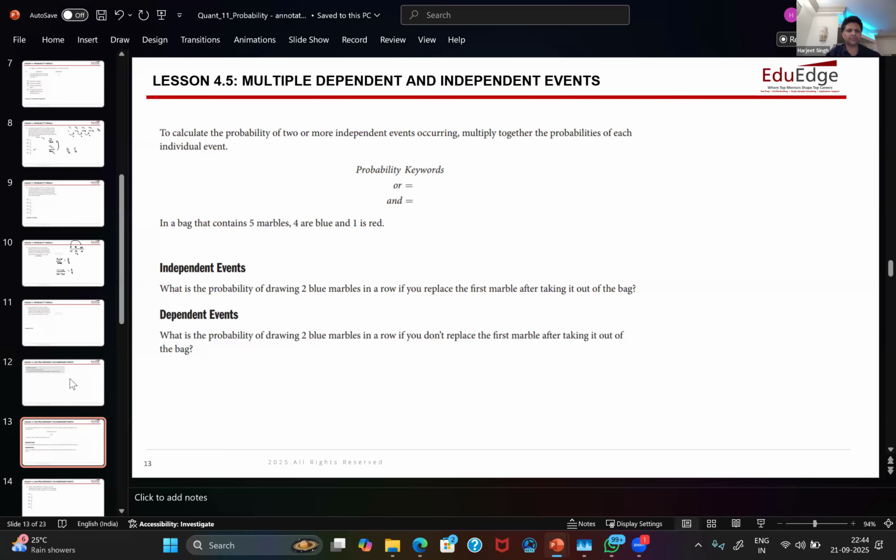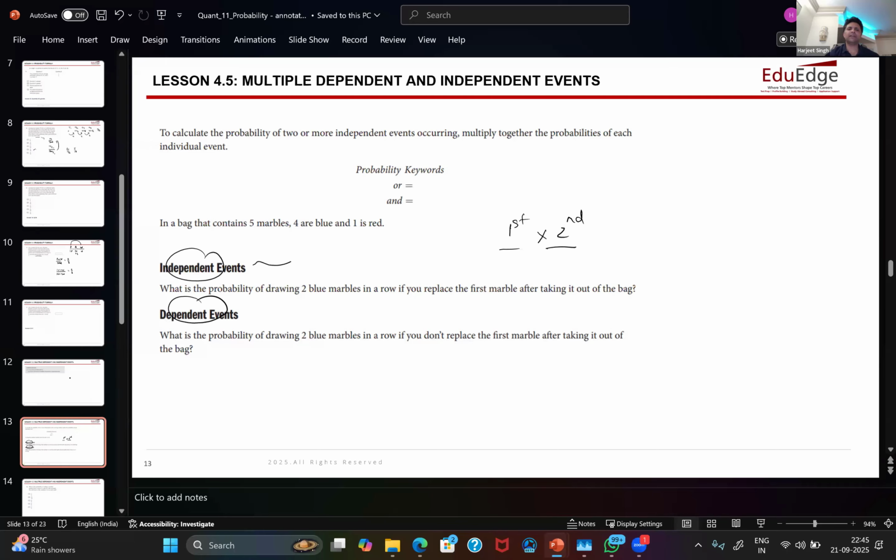There are two important concepts in probability. One is called independent and the other is called dependent. Independent means that when you draw, say, two blue marbles in a row, you replace the first after taking it out of the bag, which means the first and second events have no bearing on each other.